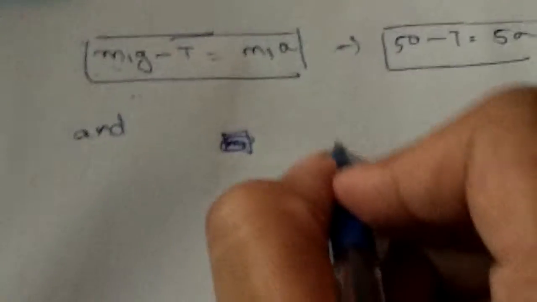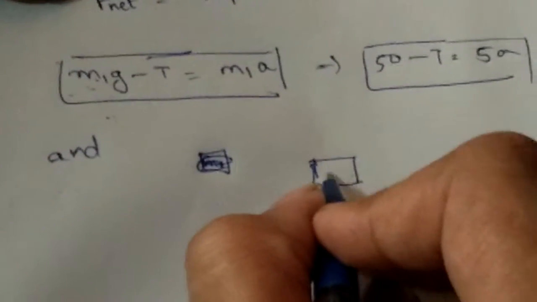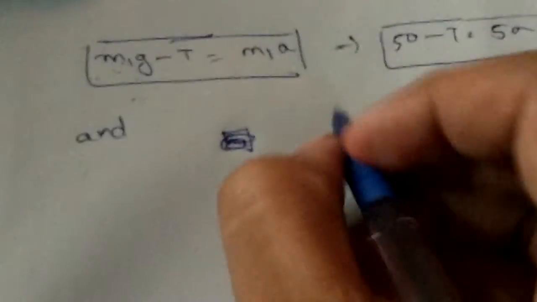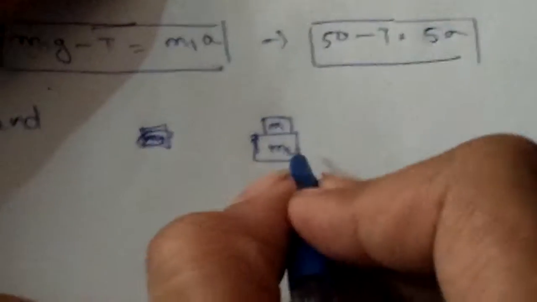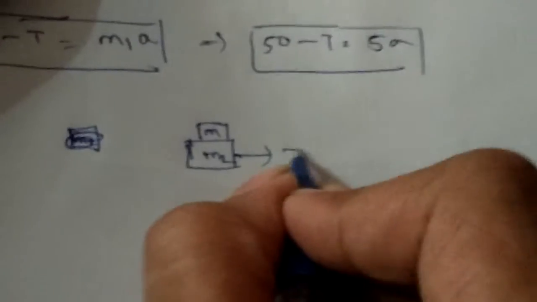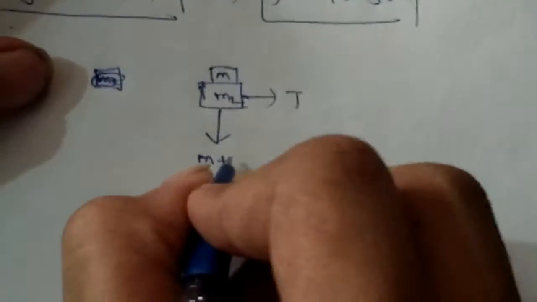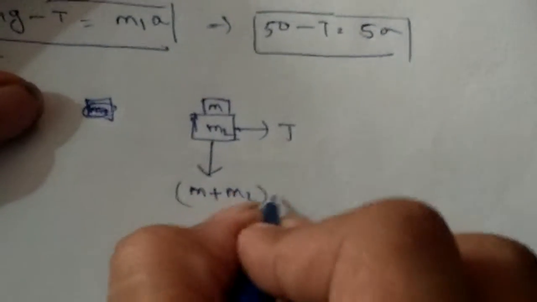And suppose let's put a mass m to stop the motion. Let the minimum mass be m. Now in this direction is the tensional force, and frictional and gravitational force act in this direction, m plus m2 g.